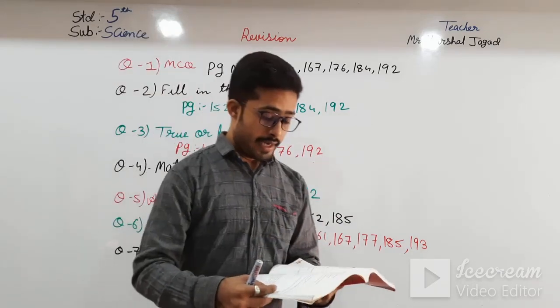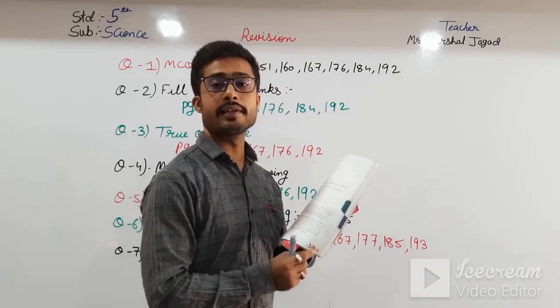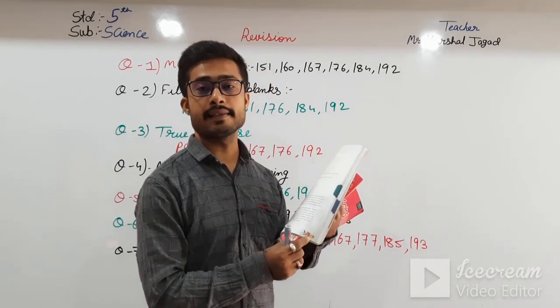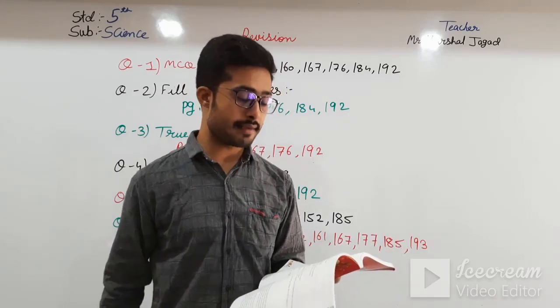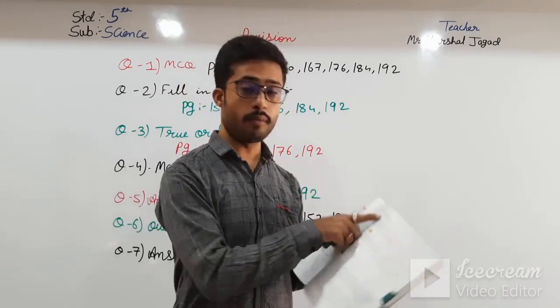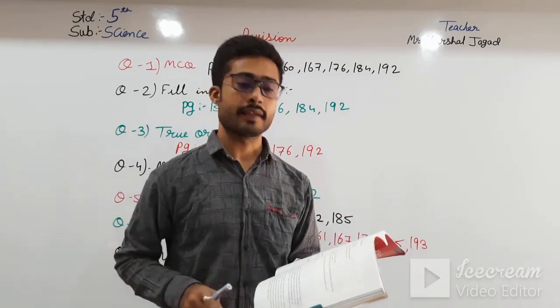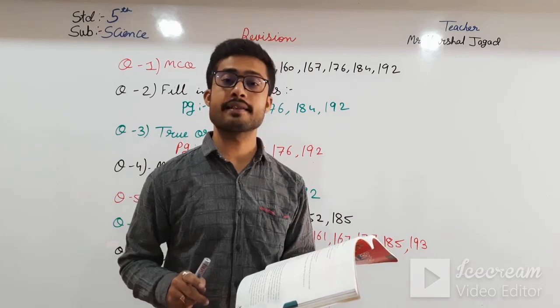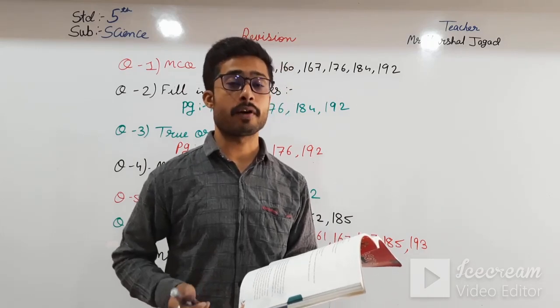So here you can see on page number 177, all take out page number 177, and here question number 5, that is answer the following question. Above here you can see the E, which is the largest part of the brain, why is it important?